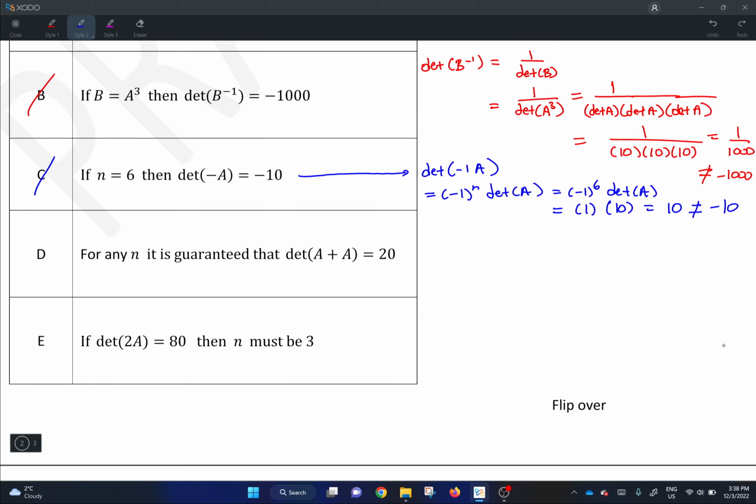Okay. Part D, for any n, it is guaranteed that determinant of A plus A is equal to 20. So that's implying that the determinant of A plus A is equal to determinant of A plus determinant of A. So I'll comment that the determinant of A plus B is not equal to determinant of A plus determinant of B for general A and B. If either of those or both of them are the zero matrix, then yes, and this is true in other situations too, but this is not a property that we could use.